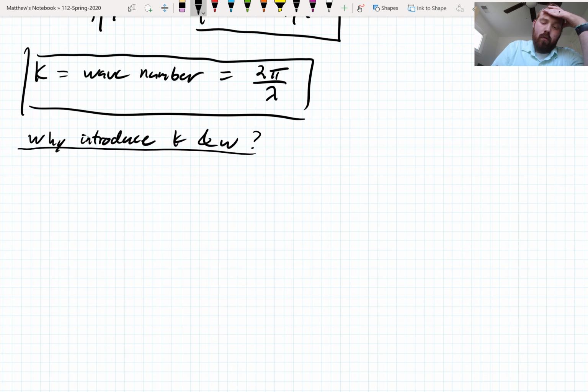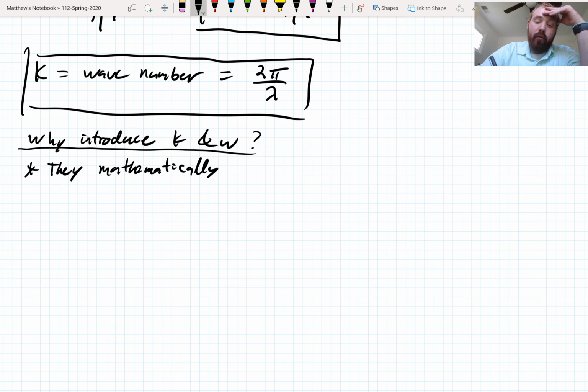That is a fair question. I'll give you the sentence answer, and then we'll work it out to explain why. The simplest way for me to say it is that k and omega mathematically describe waves.